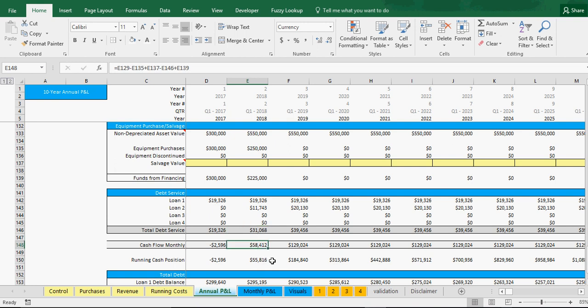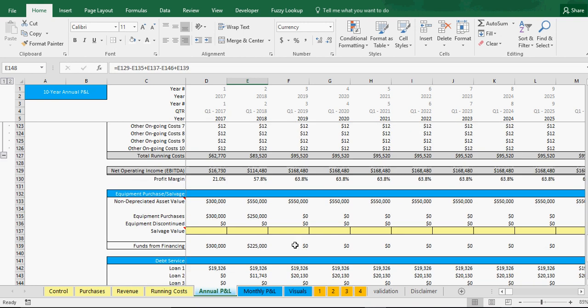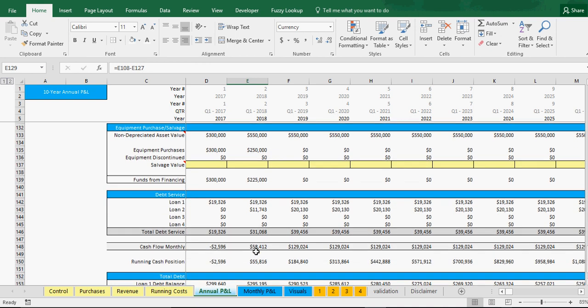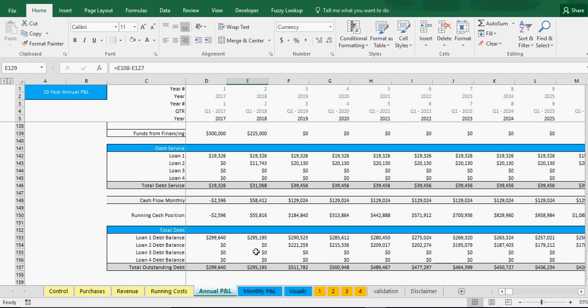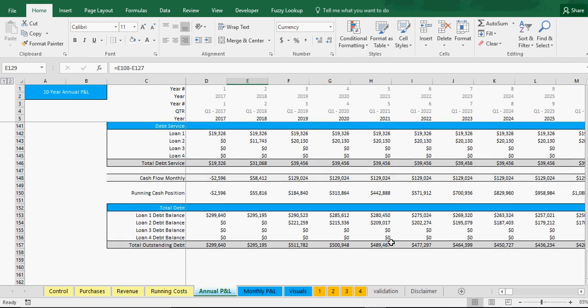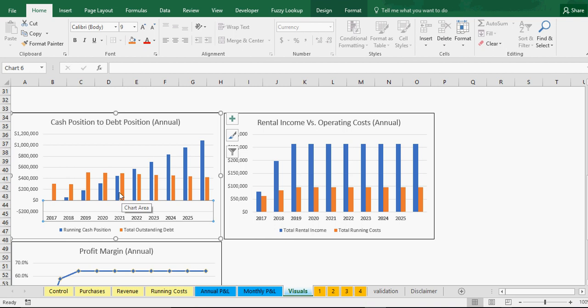Our cash flow is positive 58 because we had enough operating income to cover all of our new debt, and we financed enough to purchase new equipment, and now it's cash flow positive from there. So you can see as we're going forward in time, the running cash balance is getting higher and higher. Again, you can see with the visuals in there.